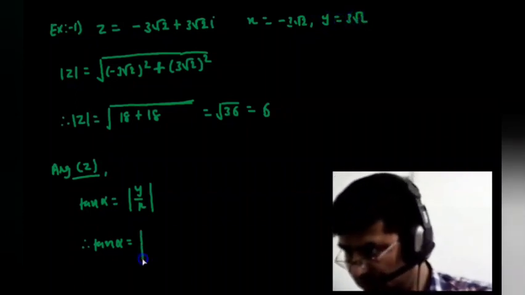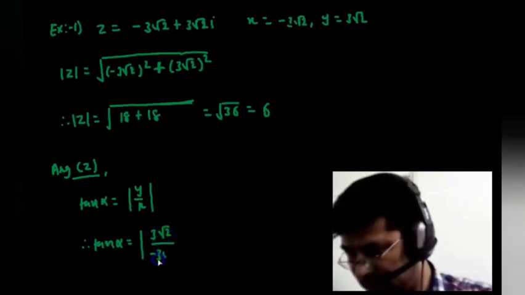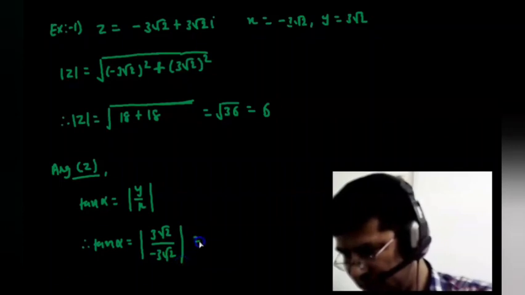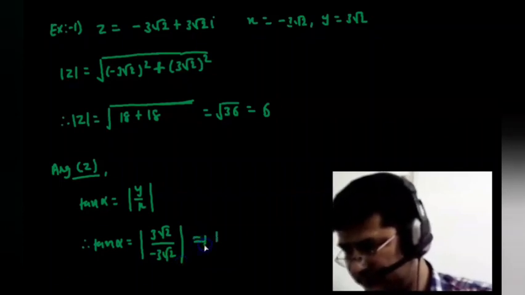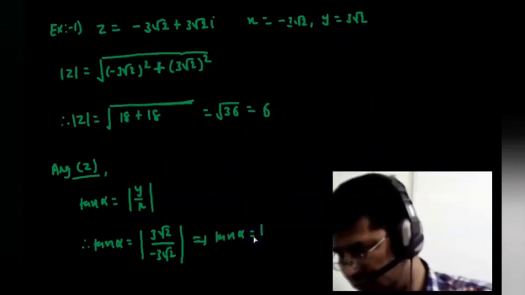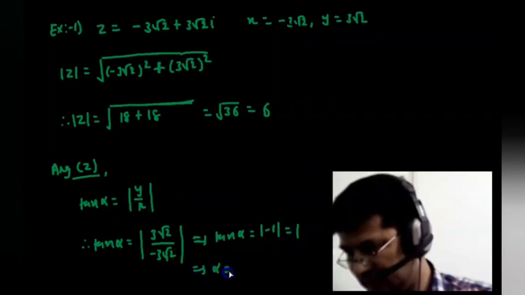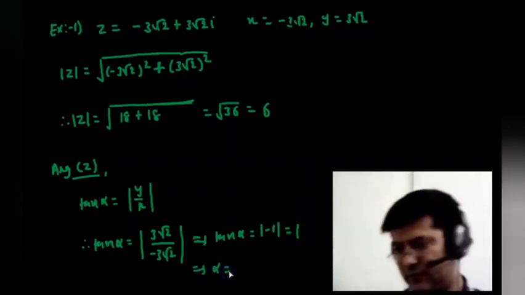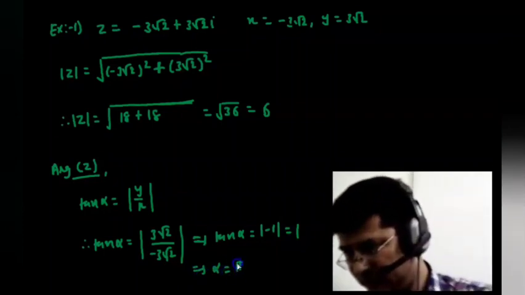Okay, so modulus of 3 root 2 upon minus 3 root 2 implies tan alpha is equal to modulus of minus 1, which is equal to 1, implies the value of alpha will be pi by 4. Yes or no?